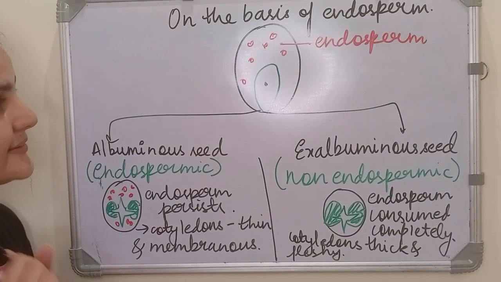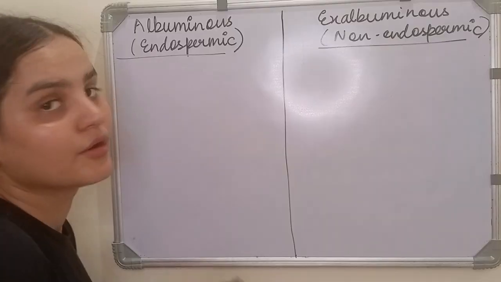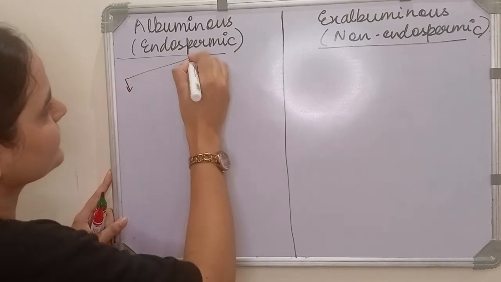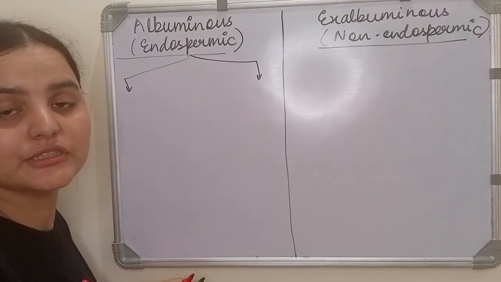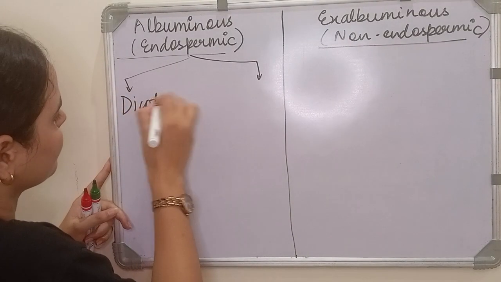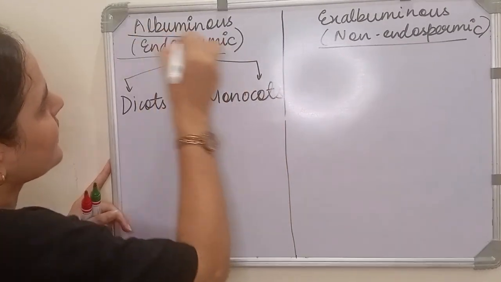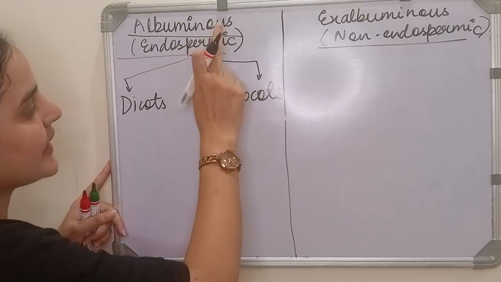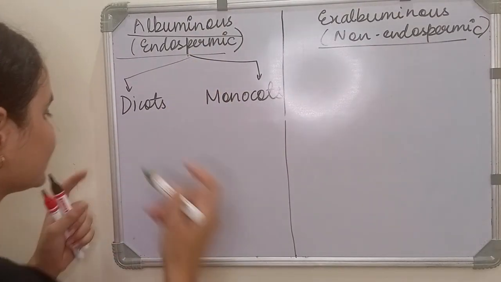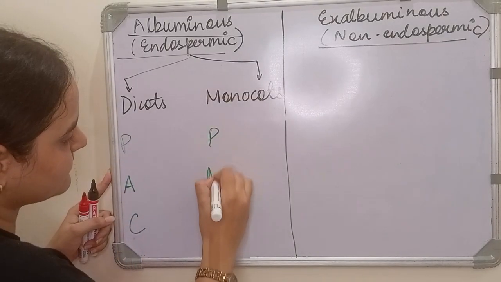Okay. Now let's see the examples of albuminous seeds and ex-albuminous seeds. In this we are going to study both dicots as well as monocots. Albuminous dicot seeds, albuminous monocot seeds. The mnemonic is PAC, PMC.